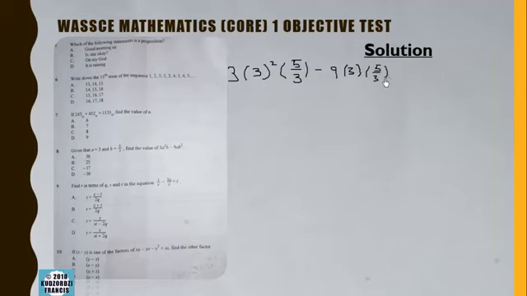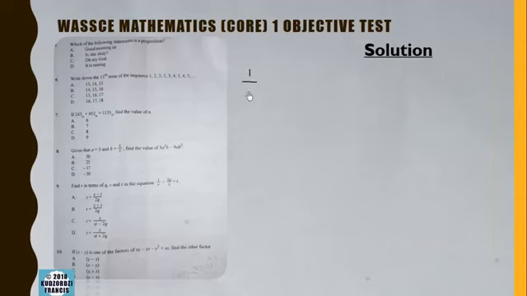So it's like 5 over 3 times 5 over 3. So this will take off this and this also take off this. So we are left with 9 times 5 minus 3 times 5 squared. So this gives us 45 minus 75, and this is equal to negative 30.